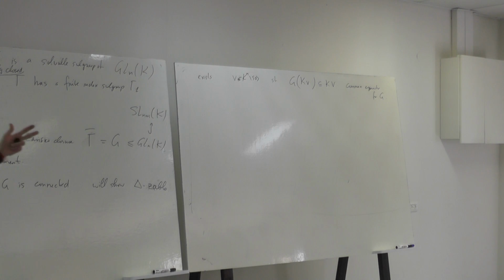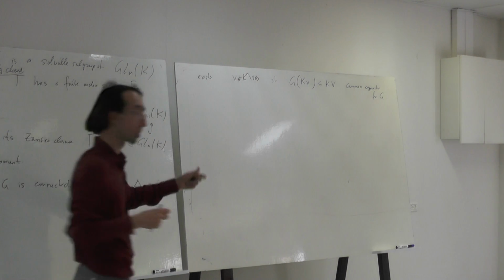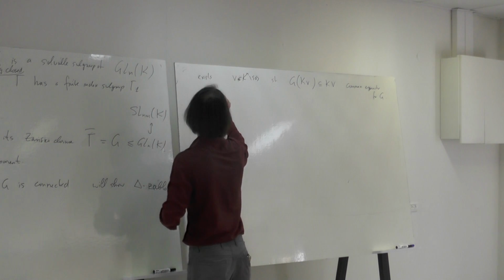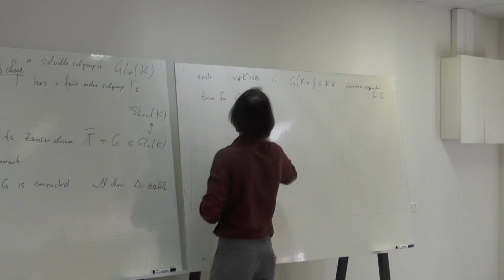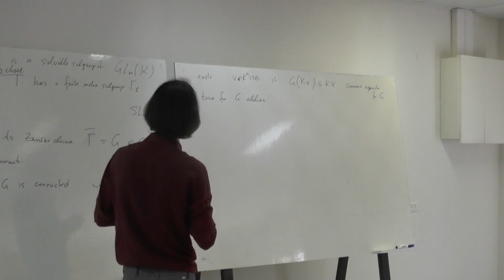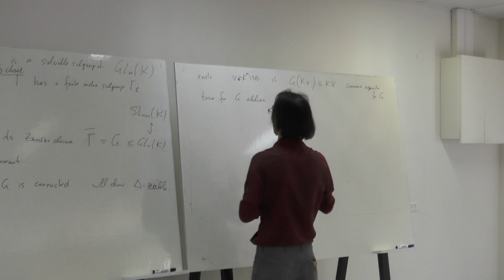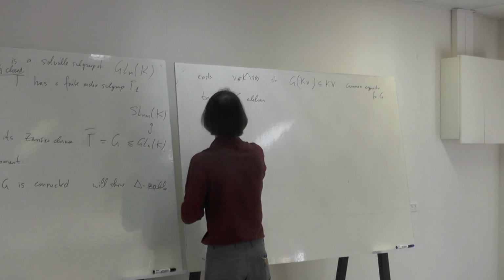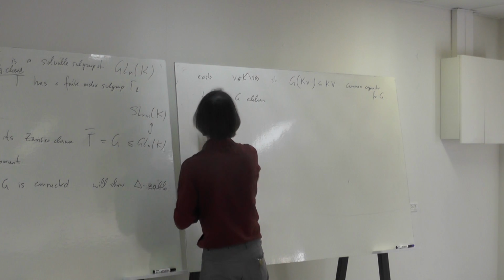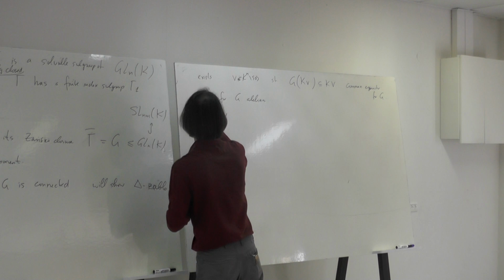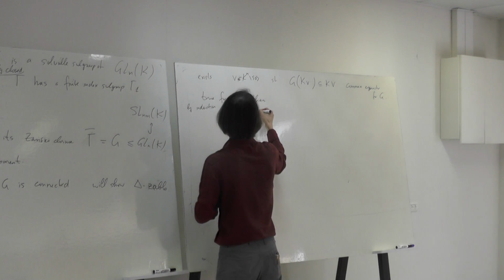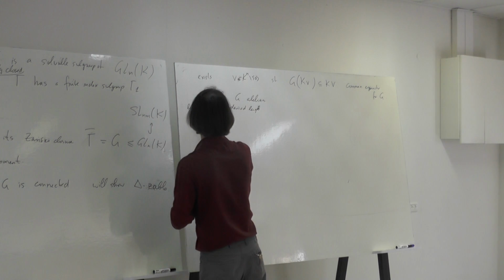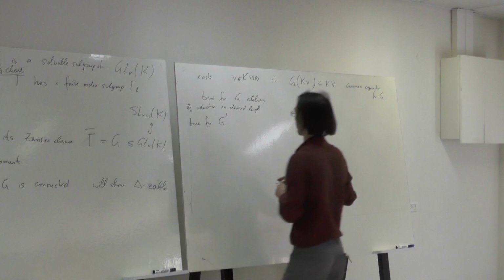It's true for abelian groups. It's a well-known fact for abelian groups. True for G abelian. And now, going down to G prime, we can assume by induction on derived length that it is true for G prime.